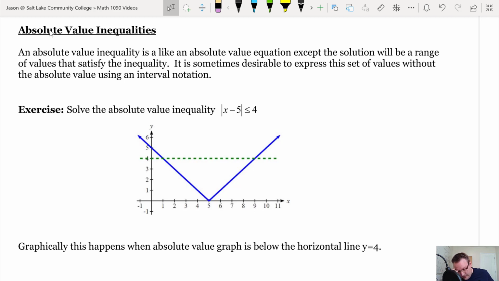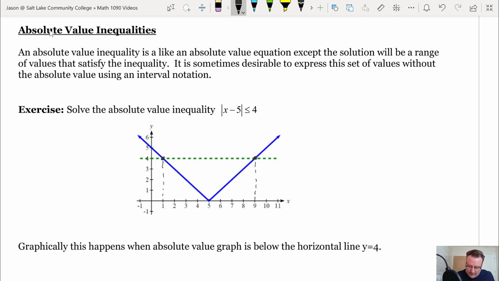And we can see from where these two graphs cross that the x value of that coordinate is 1 in that case and 9 in this case.